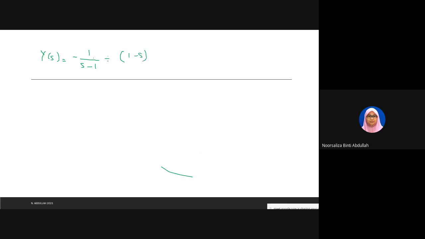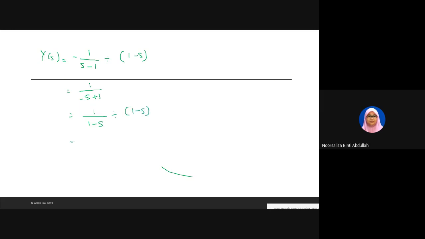Okay, so kalau you hilangkan s ni, minus times s, then you get 1 over s minus s plus 1. Ataupun kalau you susun balik, you akan dapat 1 per 1 tolak s. So bahagikan dengan 1 tolak s.